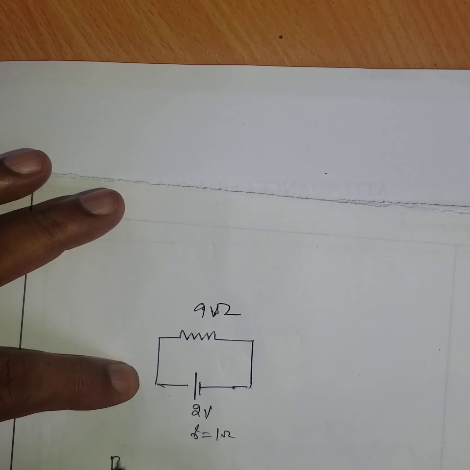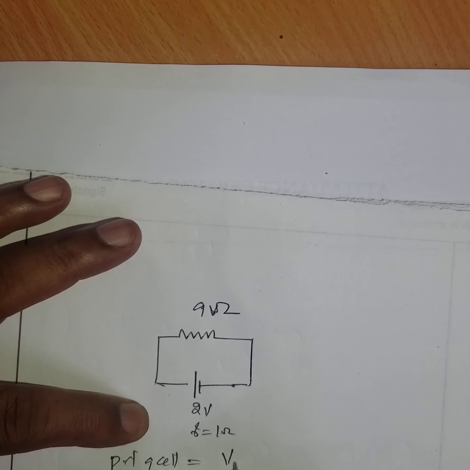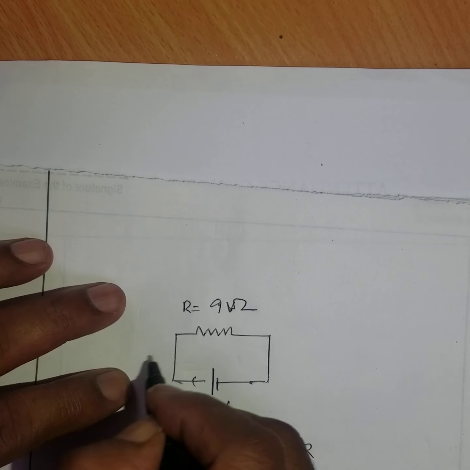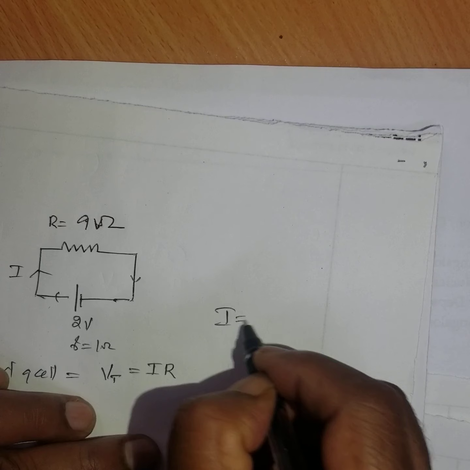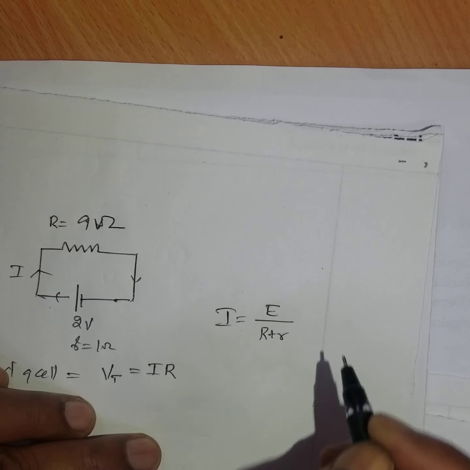Find the potentials. See, potential difference of a cell means what? It is called terminal potential. It's called terminal potential, current into resistance. This is external resistance. This is the current. Okay. What is the current? Current is equal to EMF by total resistance. Correct?